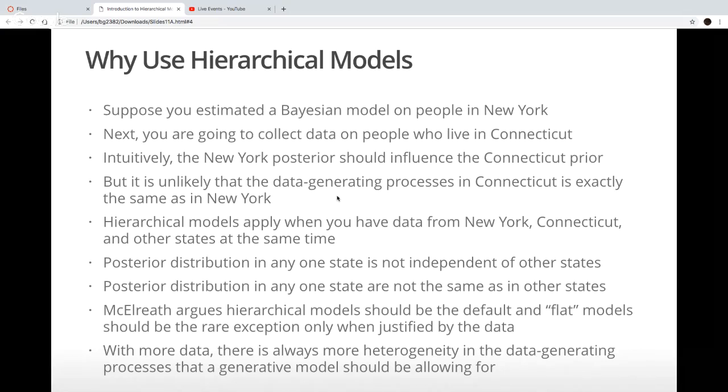So it would be totally appropriate from a Bayesian perspective to use the posterior distribution you obtained by conditioning on people who live in New York to inform your prior distribution when you collect data from people who live in Connecticut. That's just using the posterior from one thing as a prior for the next. But it seems intuitive that the posterior distribution conditional on people in New York should be relevant to the posterior distribution conditional on data from people in Connecticut.